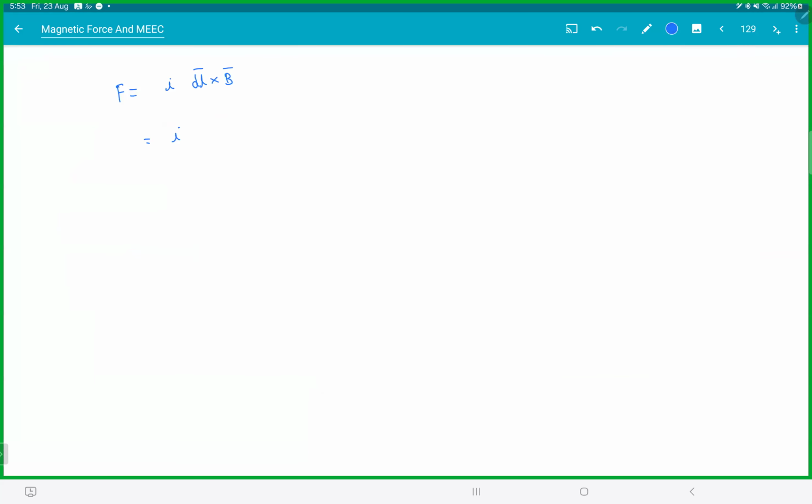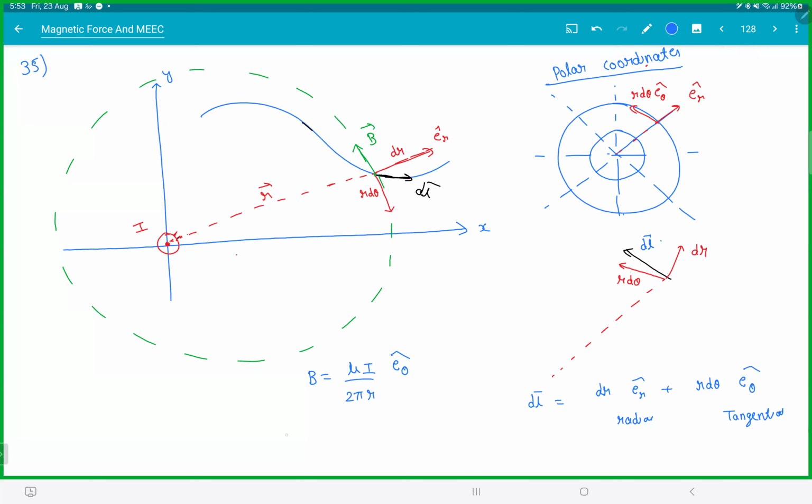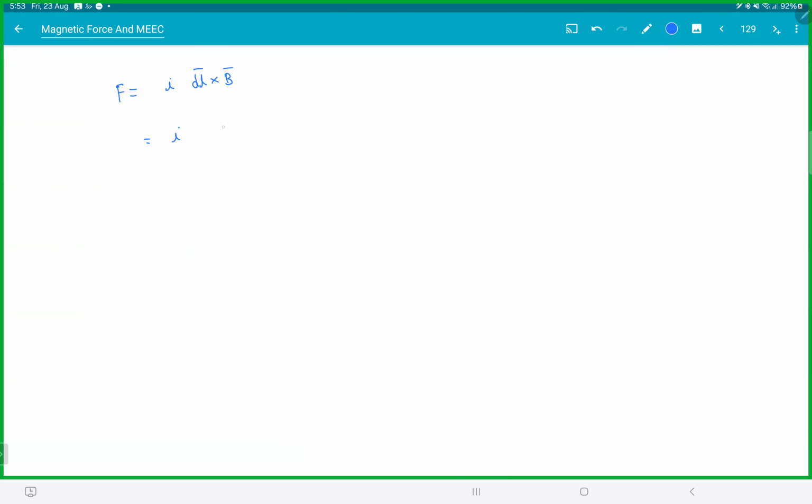If you're doing a cross product, only which component will come into the picture? The dl and e_theta component will become 0, so only the e_r component is left. So that would be I, and dl would be r d theta e_theta cap plus dr e_r cap, cross mu naught I by 2 pi r e_theta cap.